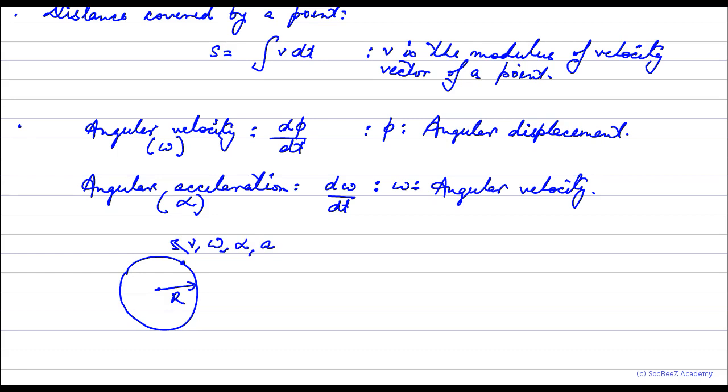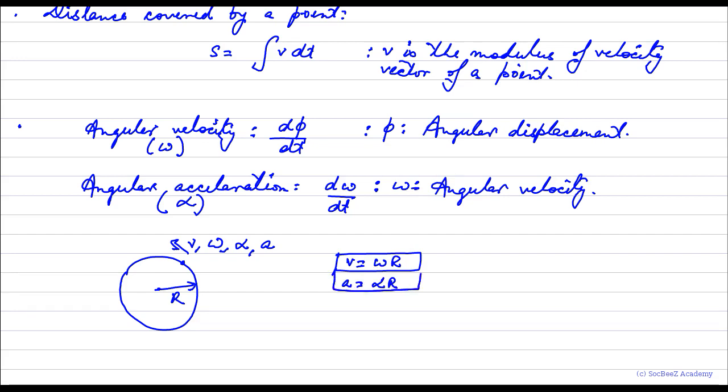Actually, v and omega can be related because they are similar terms. So v would be given by omega into r. The tangential acceleration is going to be related to the angular acceleration as a equals alpha into r.